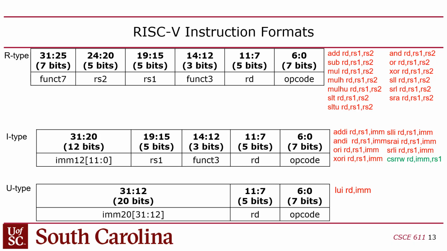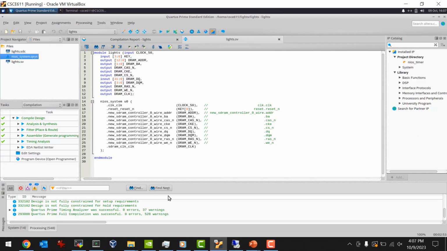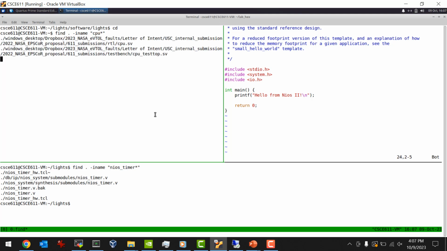I don't remember if I included that. Where did I put that?